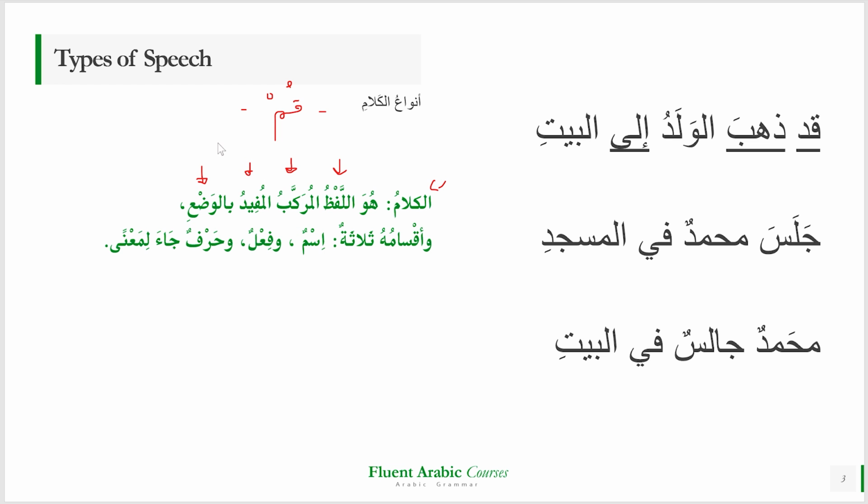Al-mufidu, it has to be meaningful and coherent. If I say ja'a Muhammadun, now this is a meaningful sentence. Ja'a Muhammadun. But if I say Muhammadun waladun baytun al-mustashfa, it doesn't make any sense at all.